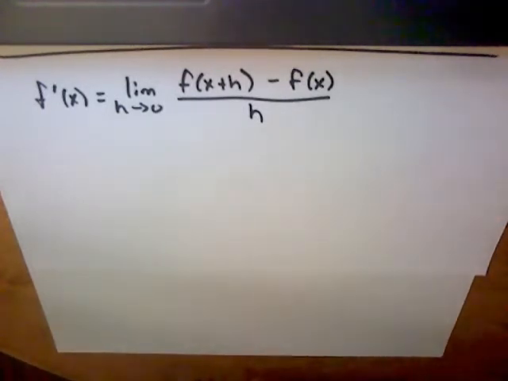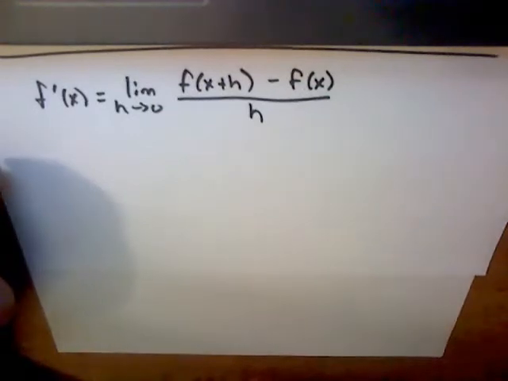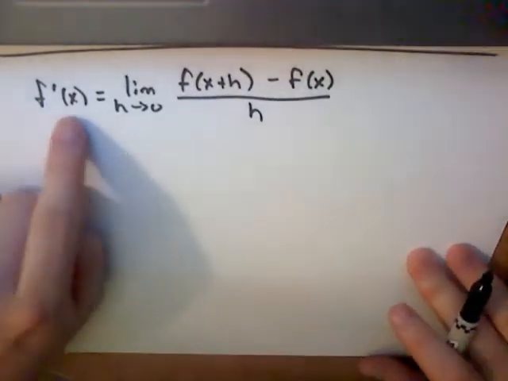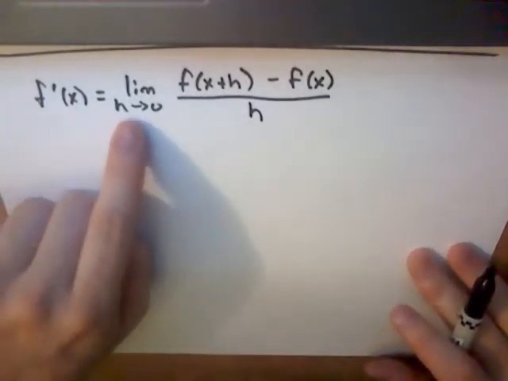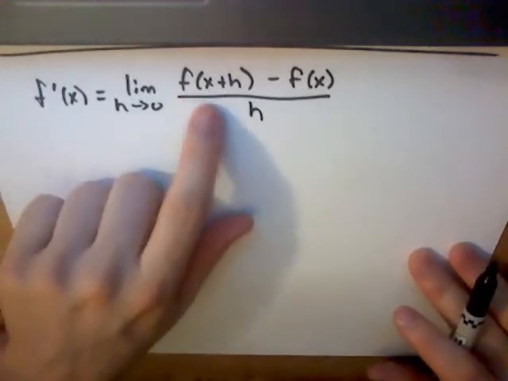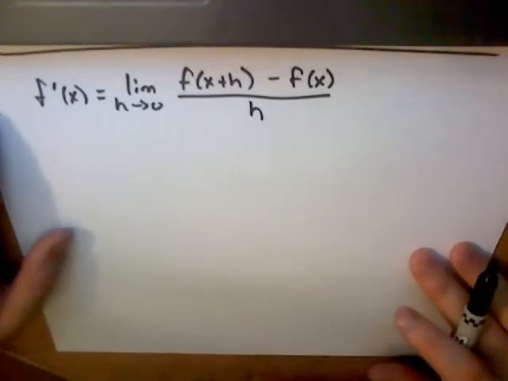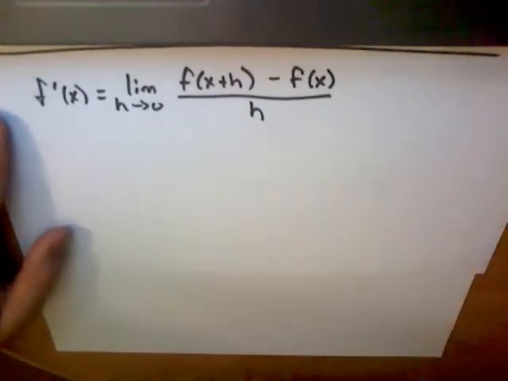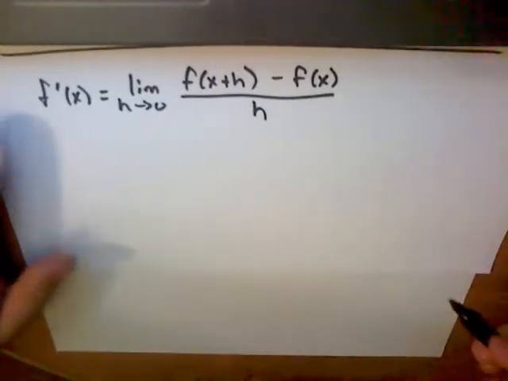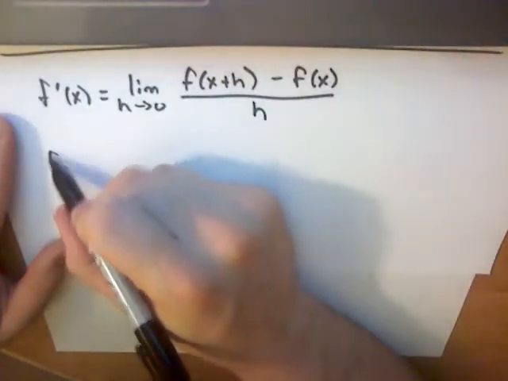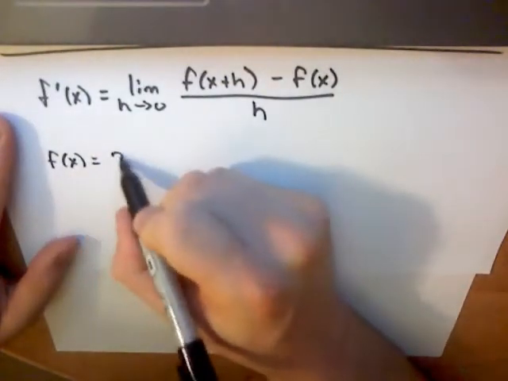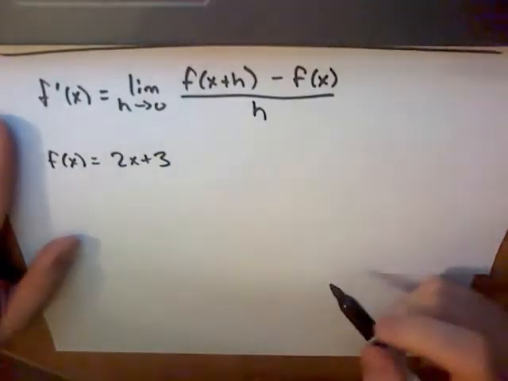Okay, so the last thing for this chapter is the definition of the derivative. The derivative at x is the limit as h goes to 0 of f of x plus h minus f of x all over h. Let's just do the derivative of some simple example. How about f of x is equal to 2x plus 3.